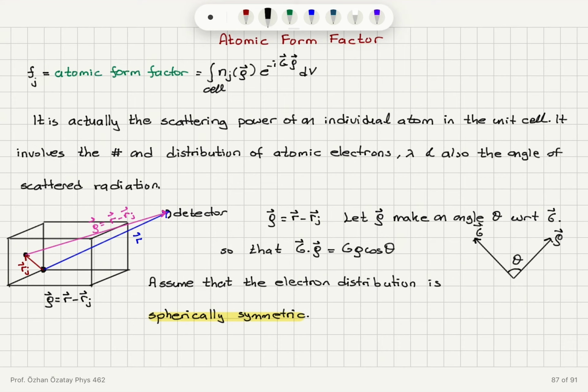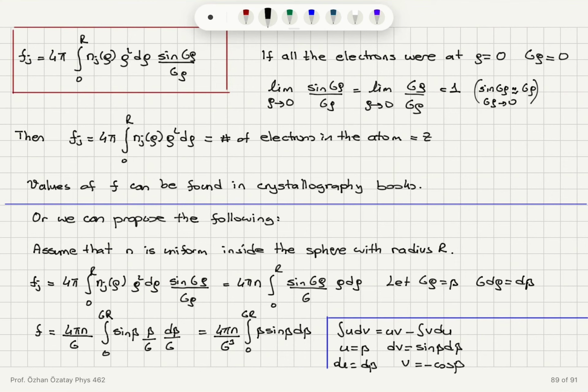We have seen that the atomic form factor takes a rather simple form if we assume this spherical distribution, especially when the electrons are concentrated close to the nucleus, so when rho is equal to 0.